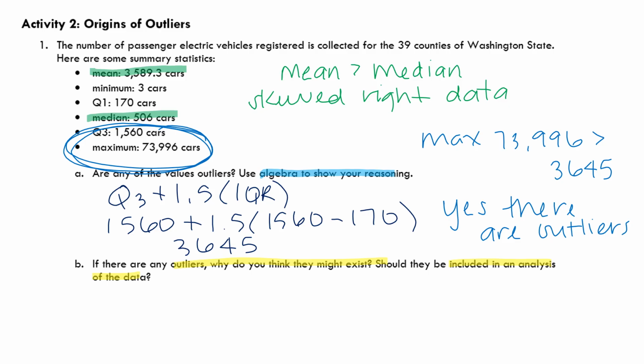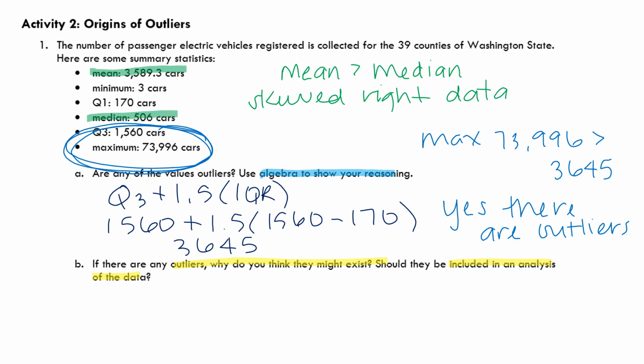And then same thing with the electric cars being so small for the minimum. If you were to go out into one of the smaller counties in northeastern Washington, up by like Omak or something, there might not be as many electric vehicles registered up there because it's such a small population, and so there might not be as much of a need for electric vehicles.